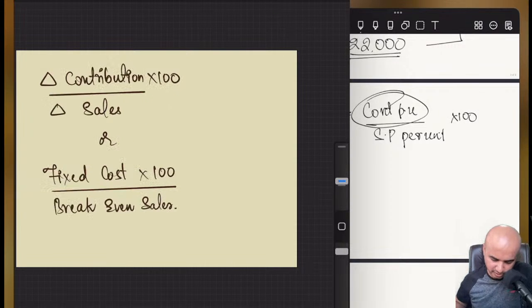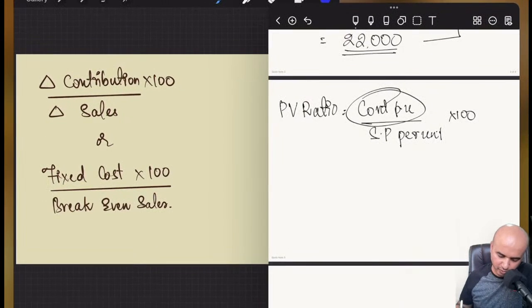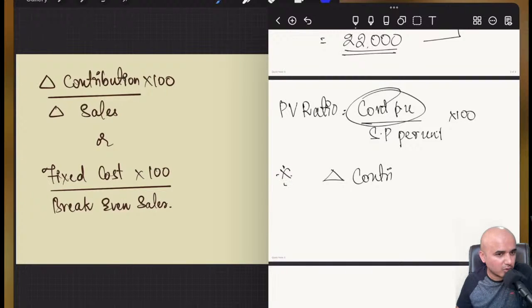Okay, let's move ahead. There is one more formula for calculation of PV ratio, which is delta contribution. This is very important actually, because in exam what I observed is sometimes they will not give you the entire data of selling price minus variable cost, but instead what they will do is they will give you different levels of sales.